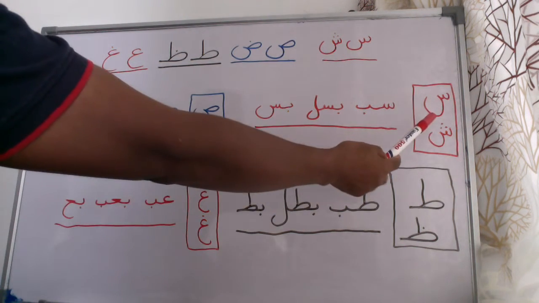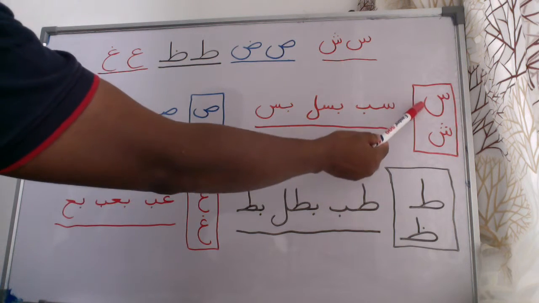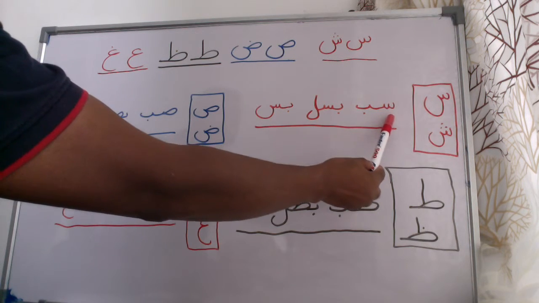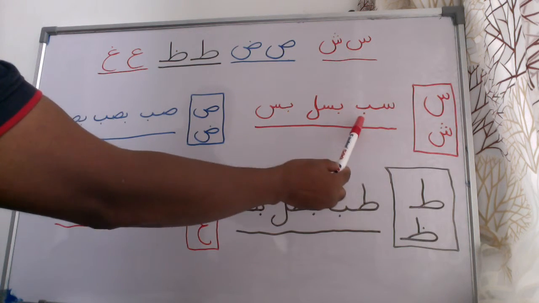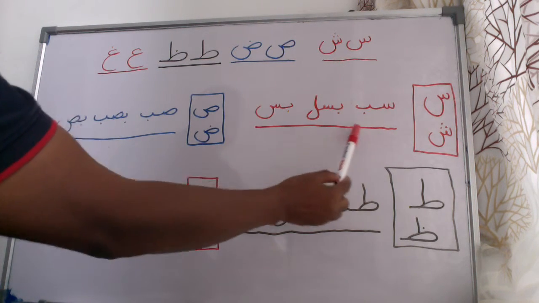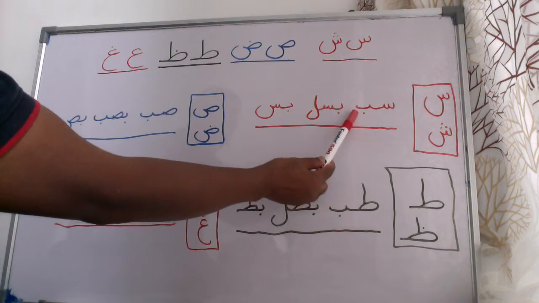Okay, let's take a look at the first group, which is the sin and the shin. This here is the sin. If it's the first letter, notice the tail here. It loses this tail, and we go directly to the next letter, which is the ba. So instead of coming down, we just go across in order to write the ba.